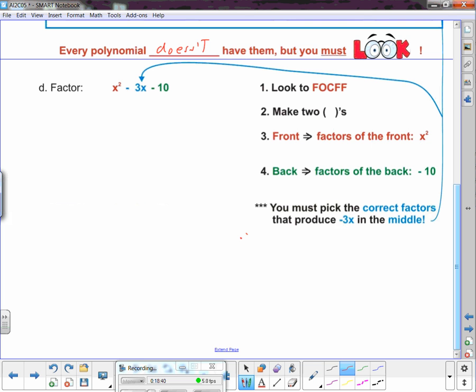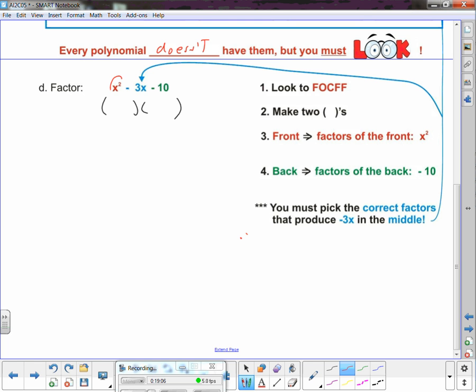Okay, so here we are back to this trinomial. Let me go through and try to refresh your memory. So what's the first thing when you get a trinomial? You look for common factors. Are there any? No. Next step is always to make 2 parentheses. Next thing you do, number 3, you fill in the front factors.